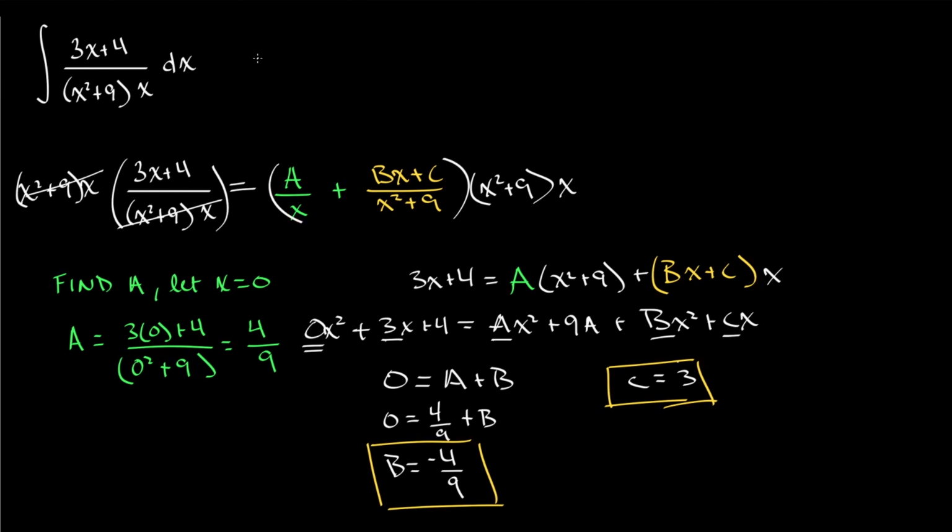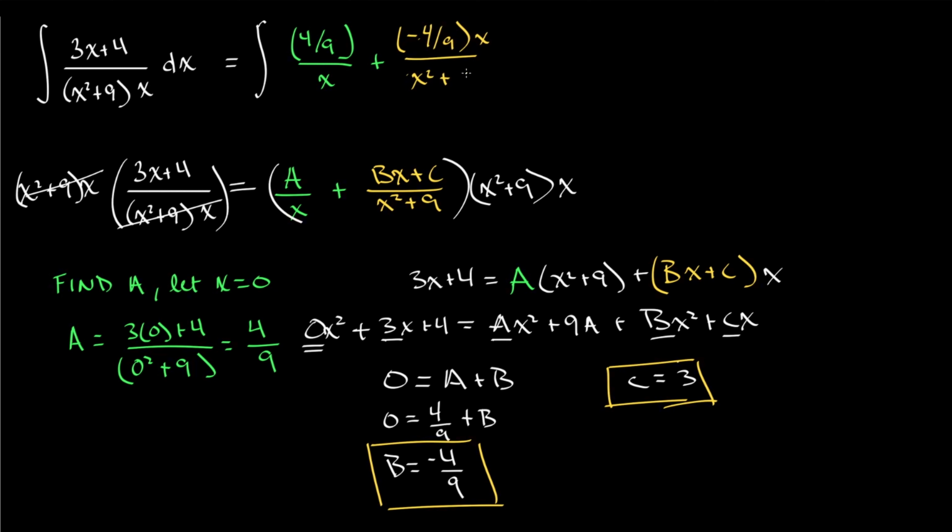So we've solved our partial fraction setup. We can just come up here and rewrite our integral. We have the indefinite integral, and under our partial fraction setup we have 4/9, that's a, over x, and then plus, I'm going to split this up, bx over x squared plus 9. We found b to be negative 4/9, so negative 4/9 times x over x squared plus 9.